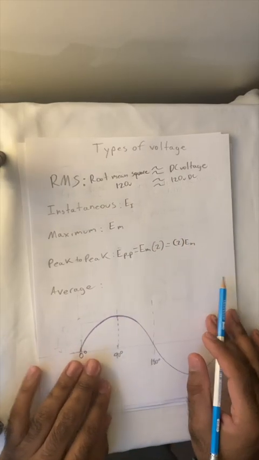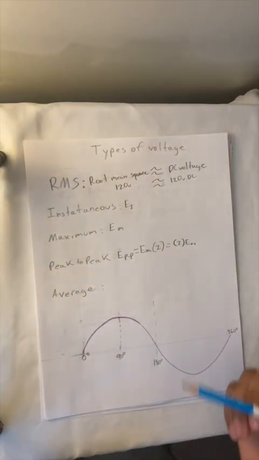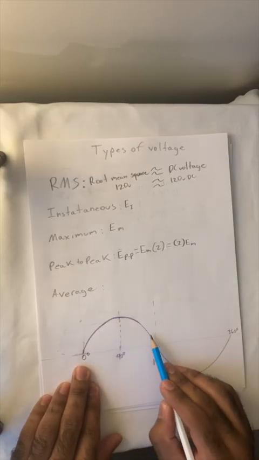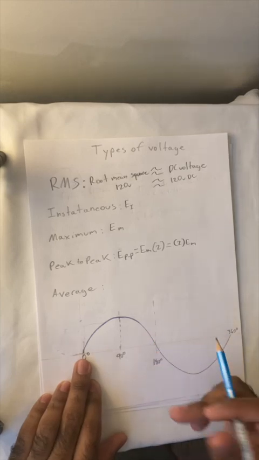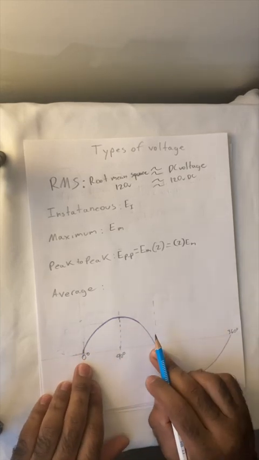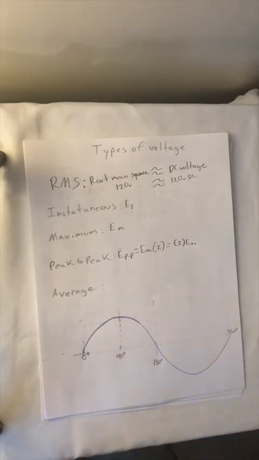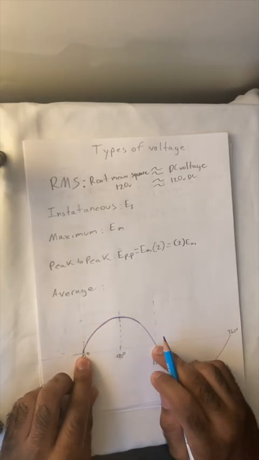The average voltage is basically the average amount of voltage, averaging the different instances that will happen along this line, or if you will, along this sine. On this side, we're going to pick a positive alternation.